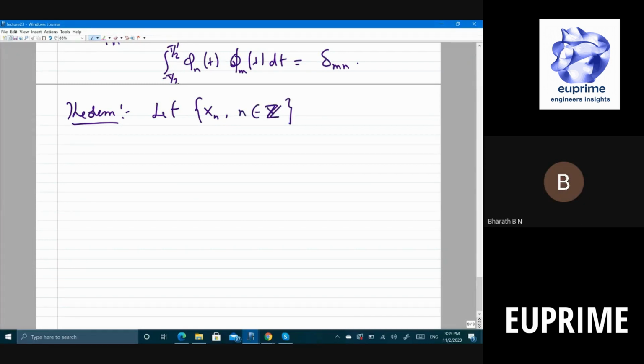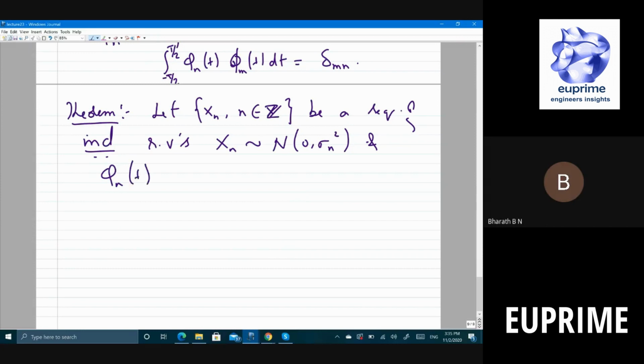Let X_n be a sequence of independent random variables, distributed as Gaussian with zero mean and variance sigma_n squared. And let phi_n of t be a sequence of real valued functions.